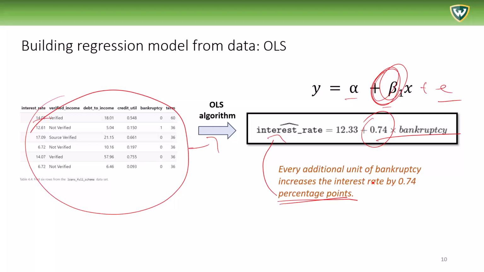It raises it by 0.74 percentage points, meaning you add 0.74 to it, which is different than saying 0.74%. And this is compared to the others, so if a person is bankrupt, the interest rate is 0.74 percentage points higher than the people that are not bankrupt. That's a better way to say it.